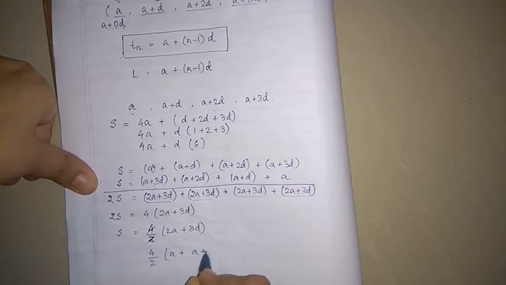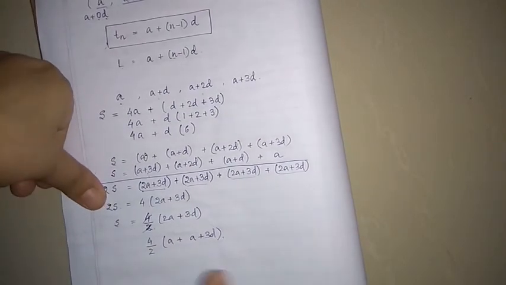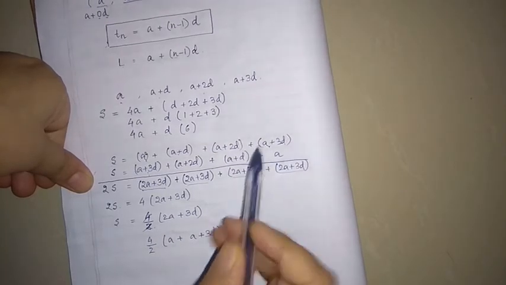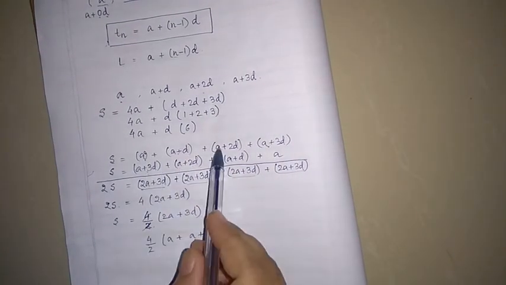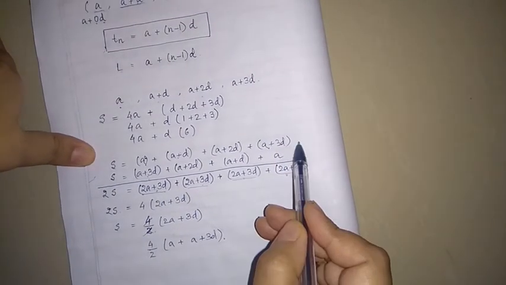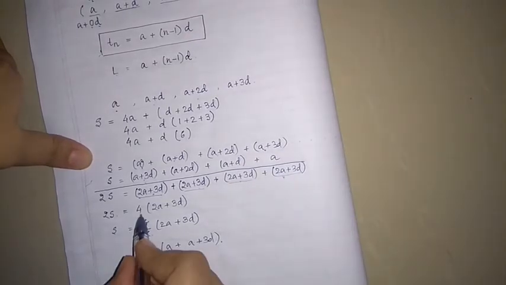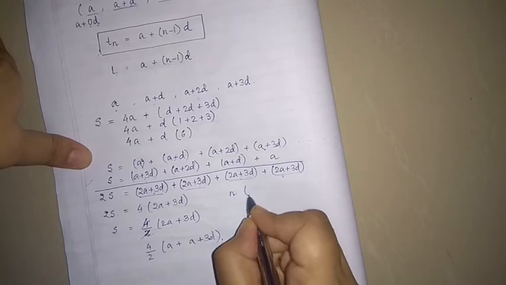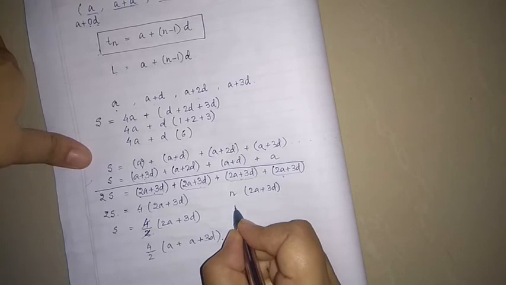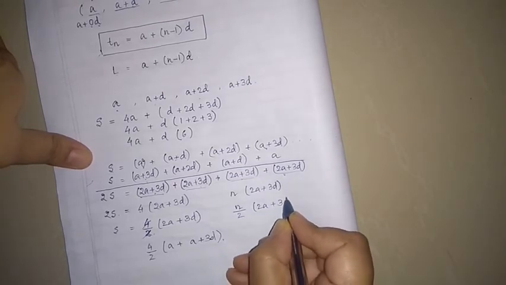Now, let me explain this to you. We had added till the fourth term. Since we added till the fourth term, we obtained 4 terms here also. If we had added it till the nth term, we would have obtained n into 2a plus 3d. Here our answer would have been n by 2, 2a plus 3d.